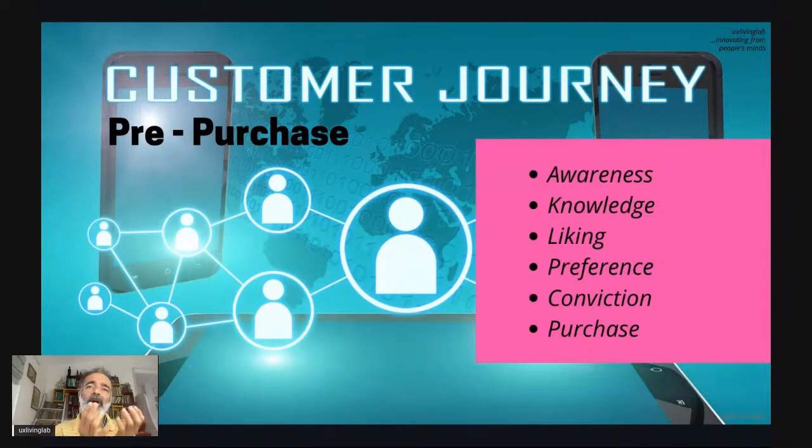What are the channels through which the user is getting knowledge about the product or brand? Then the next stage is liking, whether they like your product. Then preference: whether they prefer your product, and how, when compared to other products.